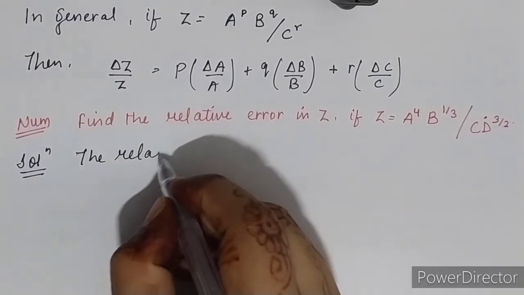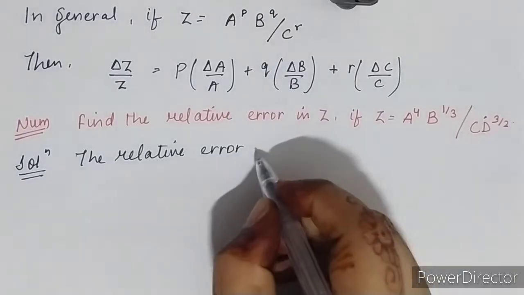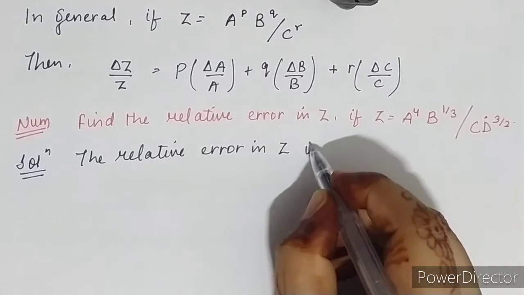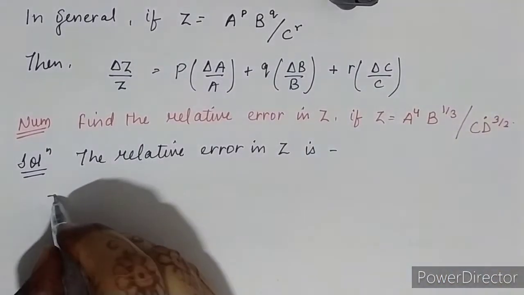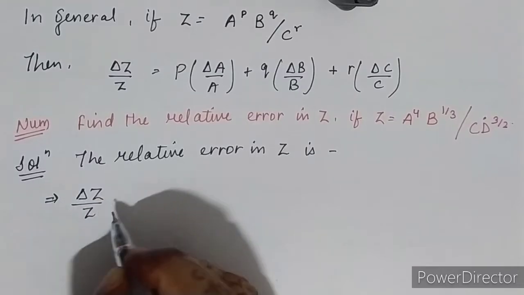So the relative error in Z is the absolute error to the individual value.